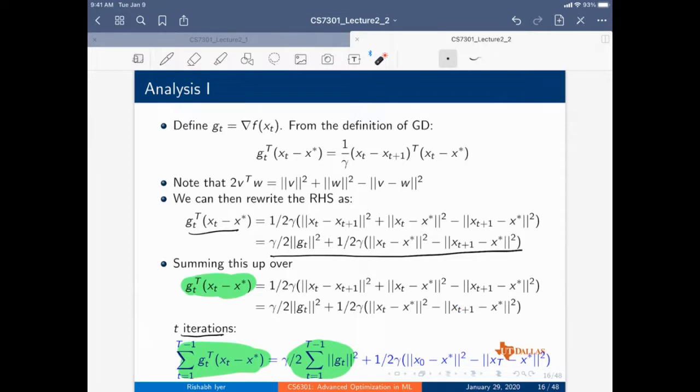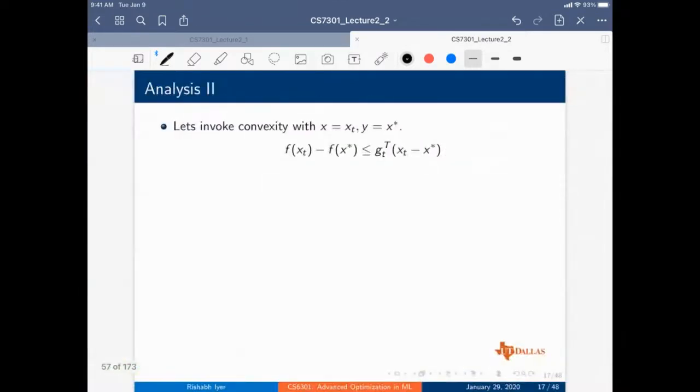There is a telescopic sum, and finally all I'm left with is half over gamma multiplied by norm of (x_0 minus x star) squared minus norm of (x_T minus x star) squared. So basically the first term, x_0, and the last term, x_T, since I'm summing over capital T iterations. Any questions until now?